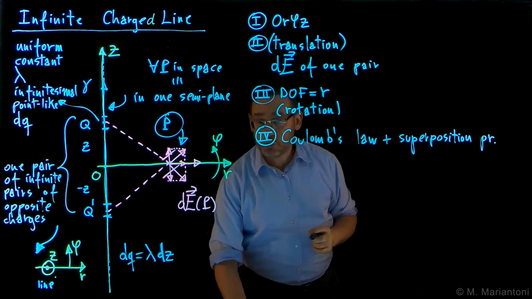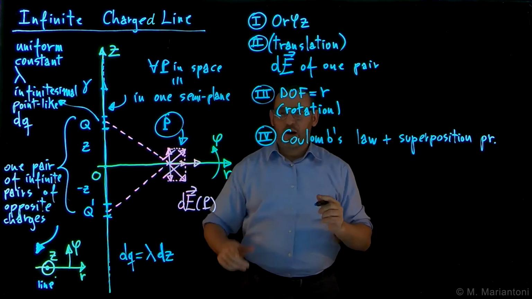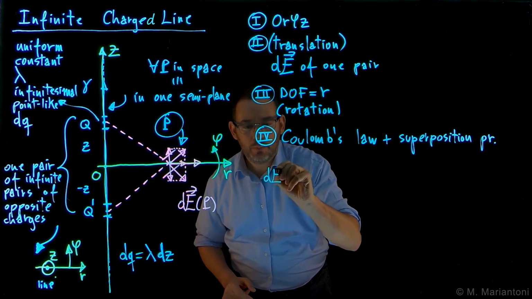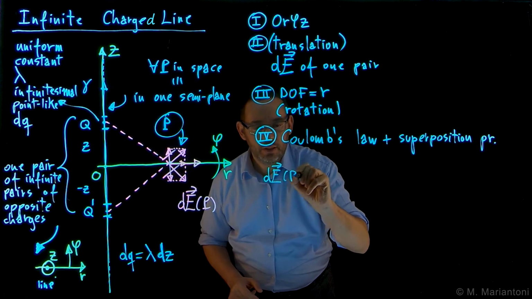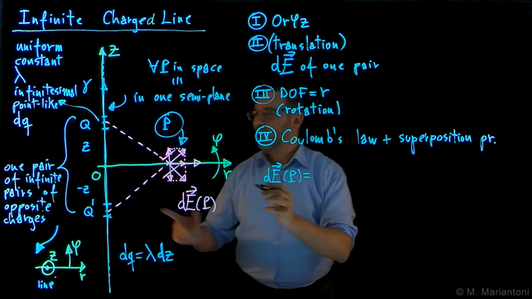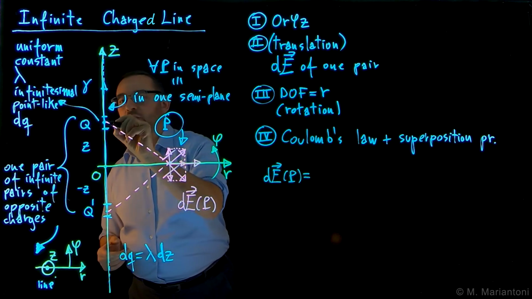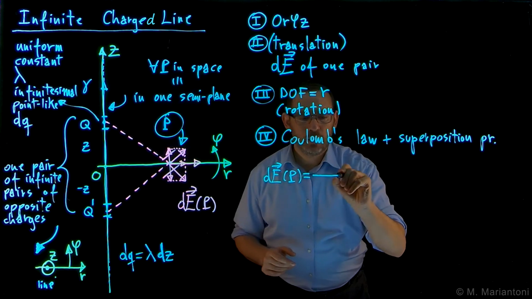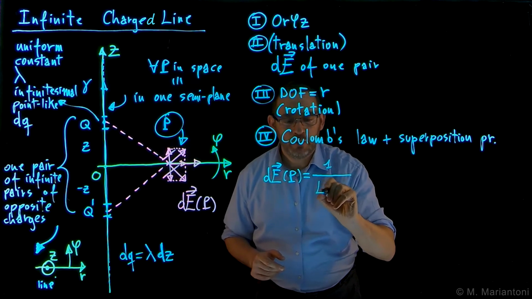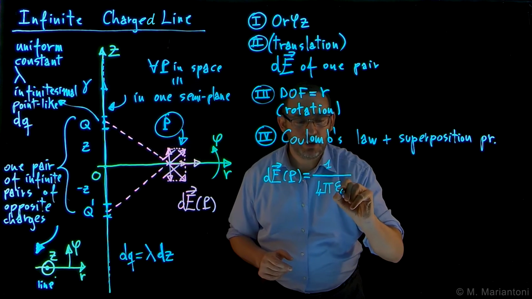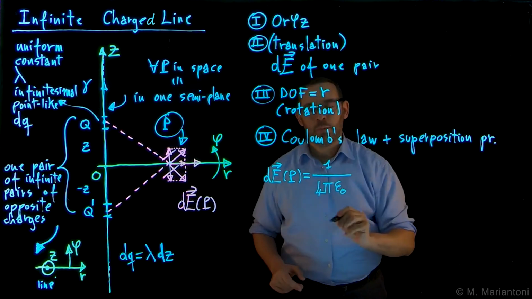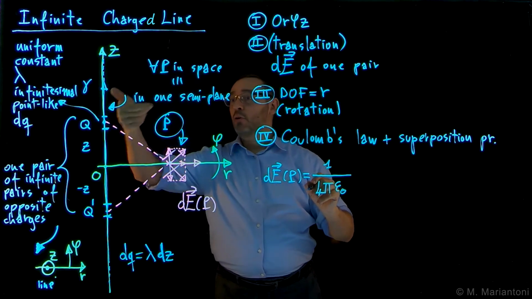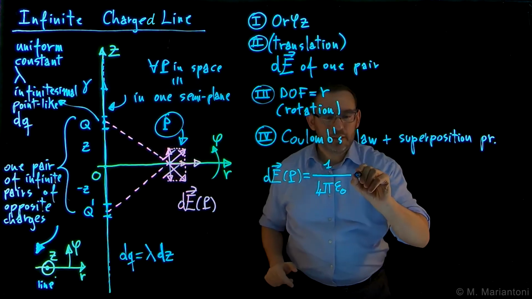Well, the first thing we want to do is to write down the infinitesimal field dE at point capital P due, for example, to, let's say, this charge capital Q, okay? So this one is going to be 1 divided by 4 pi epsilon naught, as always. The charge dq, we already wrote it here, so it's lambda dz.